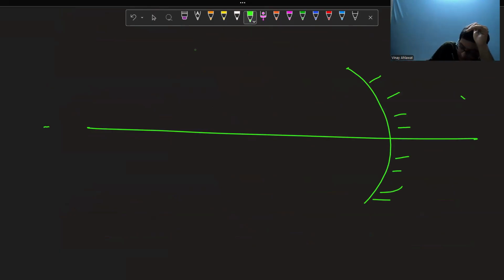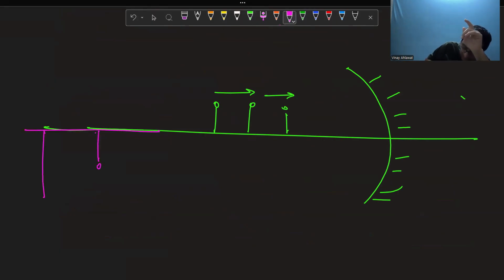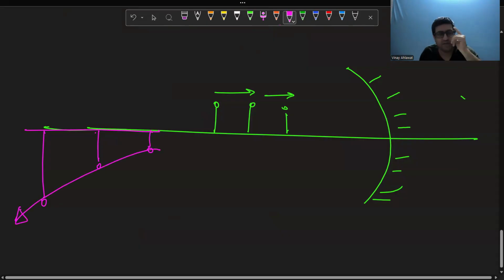This object, when it moves, if you remember the ray diagram, you should realize this was the image, and the image moved like this. Agreed? So this image had two kinds of velocities, in x-axis as well as y-axis.